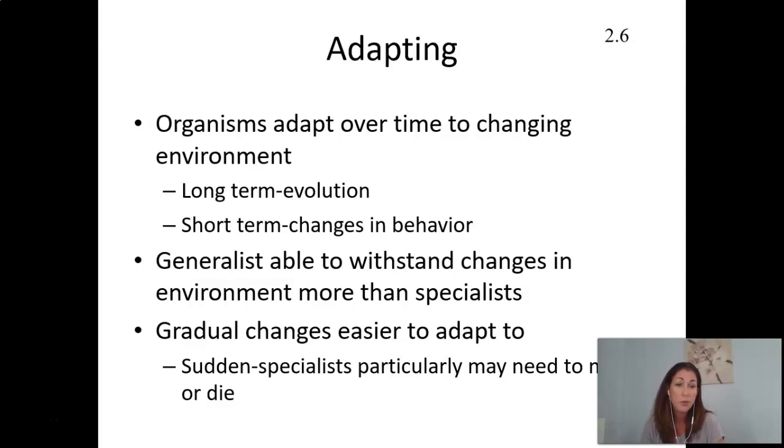If there's a change in food and they've lost one food source, a generalist can pretty easily shift to another source of food. Now, another thing about adapting is that if it's gradual, it's much easier to adapt to. Our sudden changes are what's happening now, and that's causing the greatest problems, particularly for our specialists. So if there's a sudden change in the environment, our specialists will have to move or they might die out.